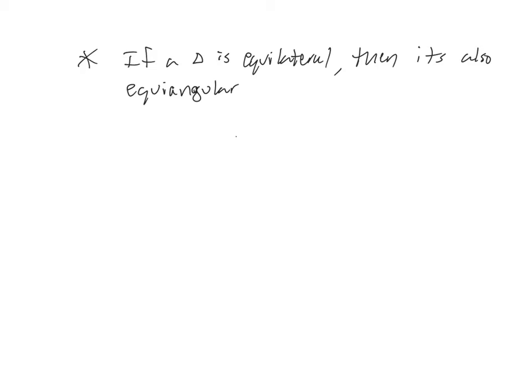So the other piece is, if it's equiangular, what are all the angles? So it's a triangle, so it's 180 degrees. And we can just divide by 3 because they're all the same.